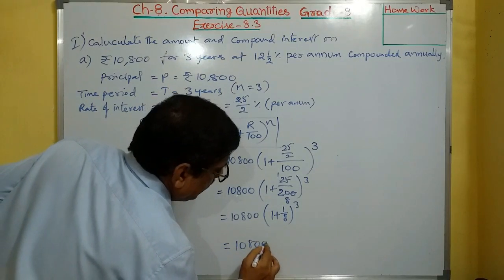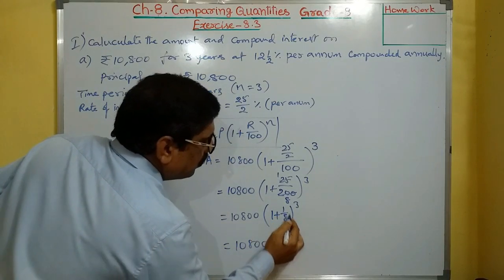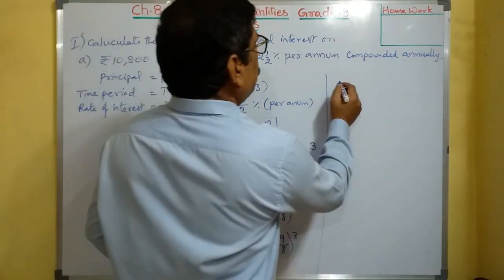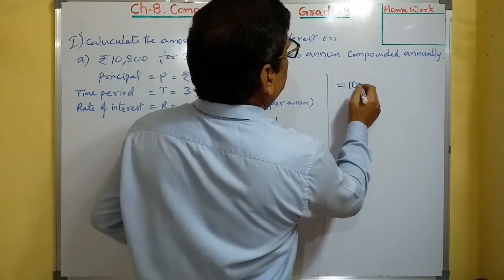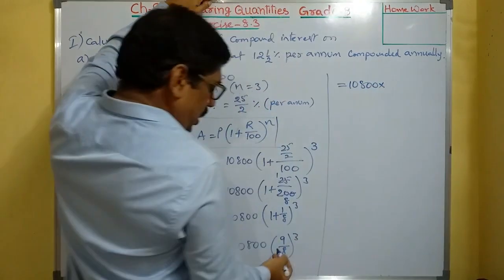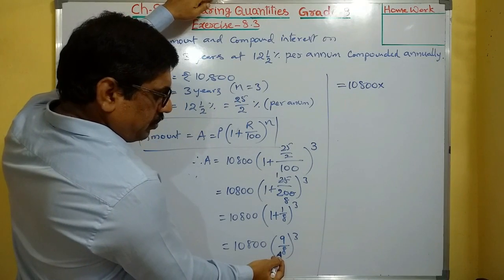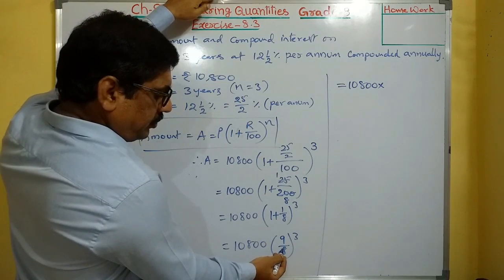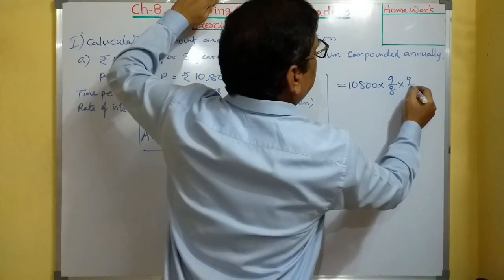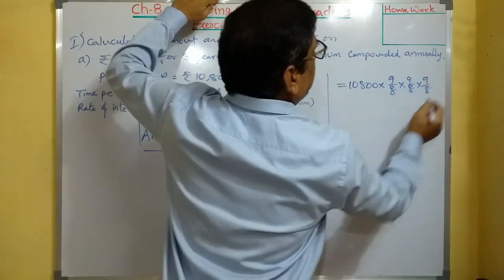So 10,800 into 8 plus 1, 9 by 8, whole to the power of 3. Now look at this: 10,800 into 9 by 8 has to be written 3 times because it has a cube: 9 by 8 into 9 by 8 into 9 by 8.